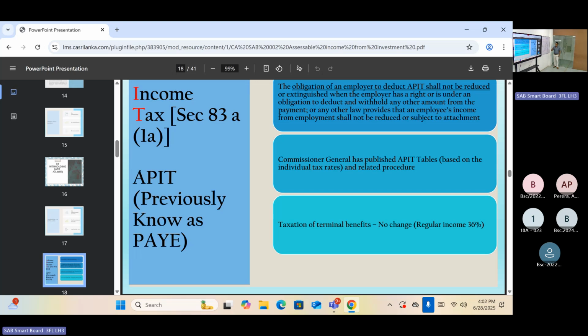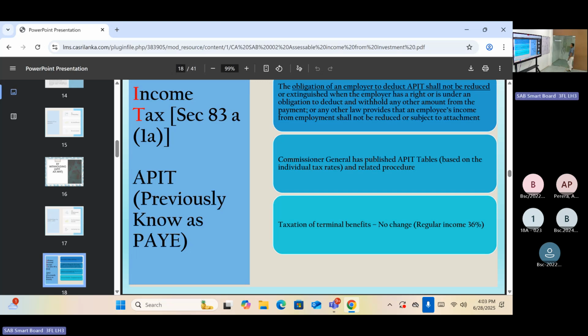So the reason is that for this terminal benefit, if it is from the government consolidated fund, it is exempt. Death and injury is also exempt. If employment is terminated and there is no injury, then injury is tax exempt.